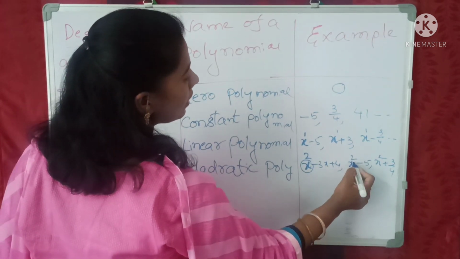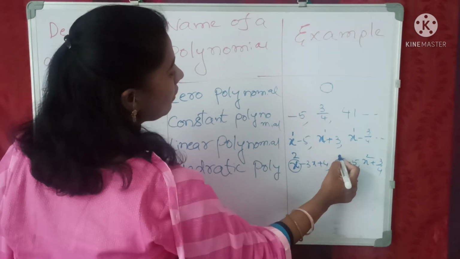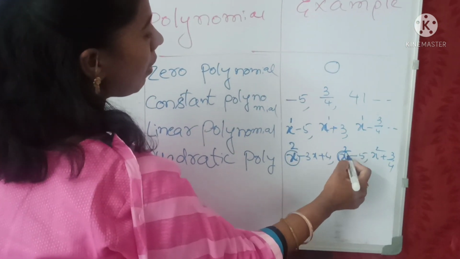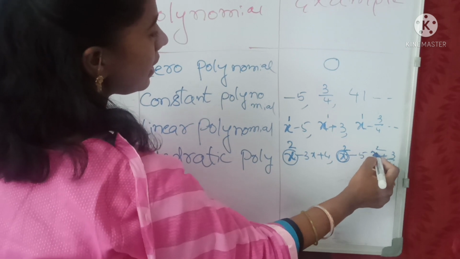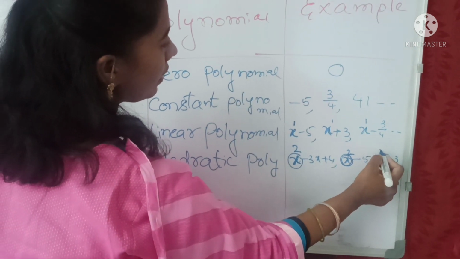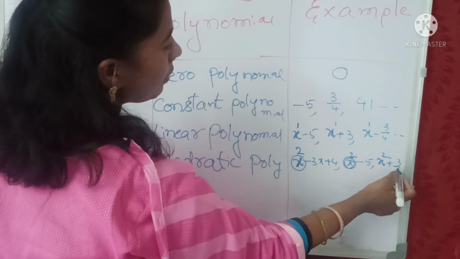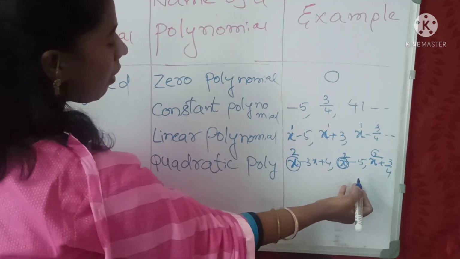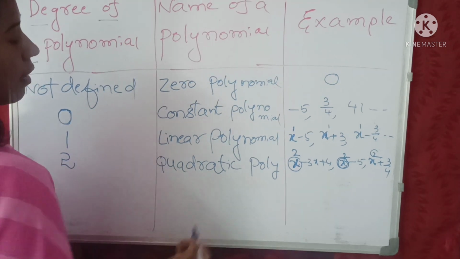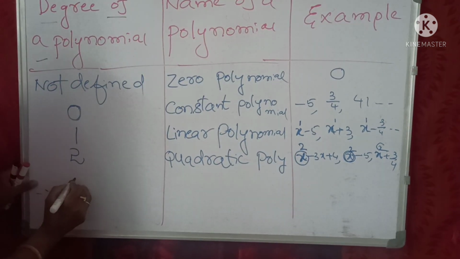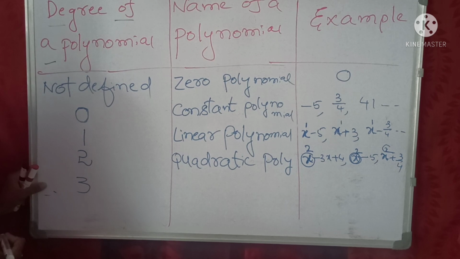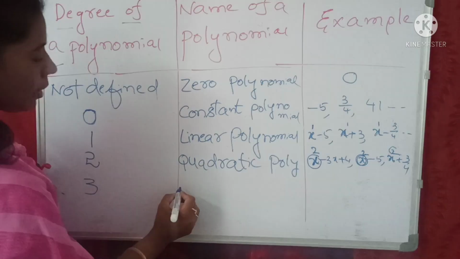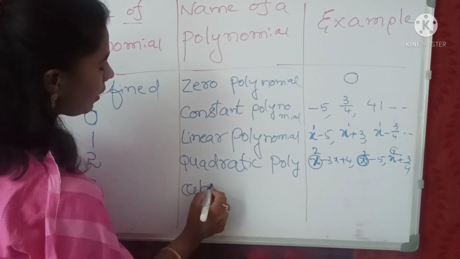So these polynomials are called quadratic polynomials. Next, when the degree of the polynomial is 3, the name of the polynomial is cubic polynomial.